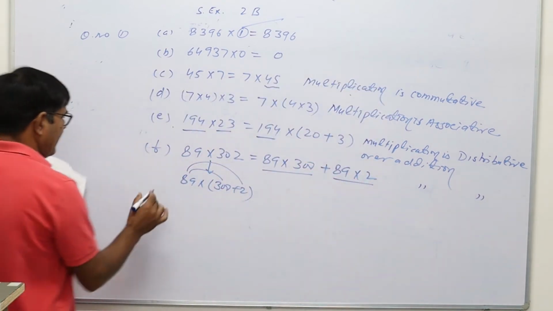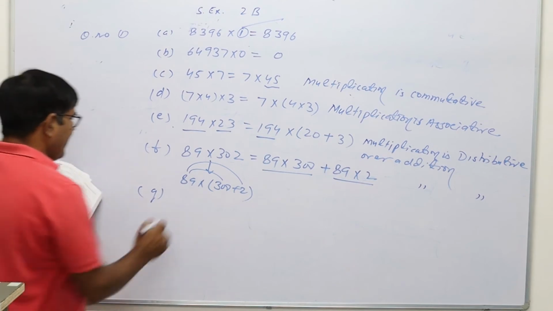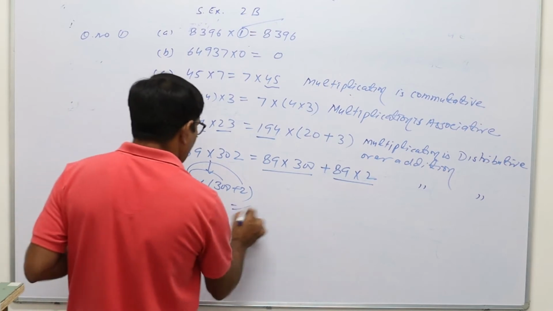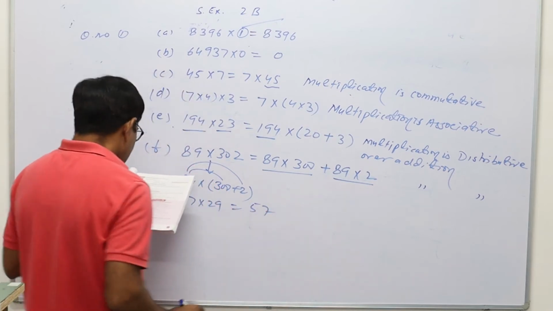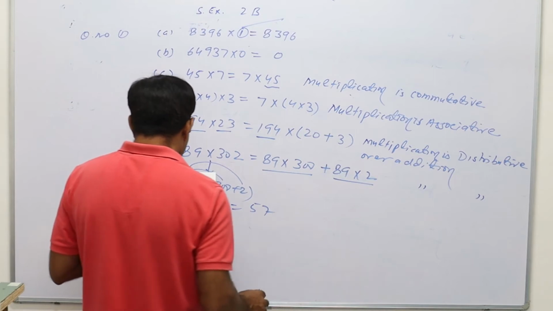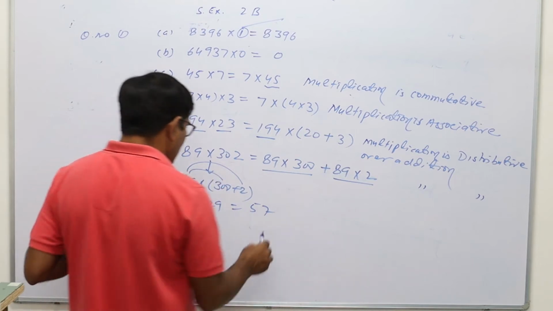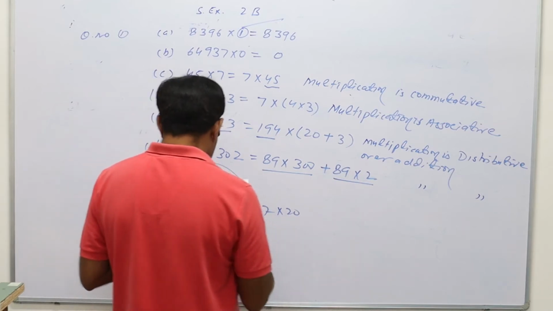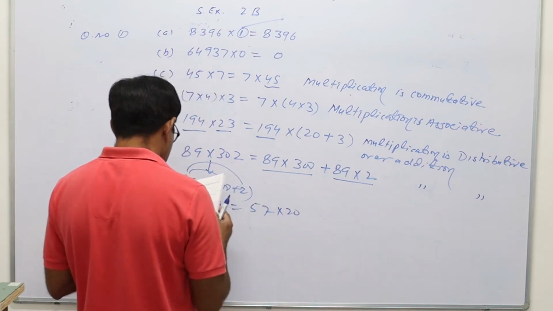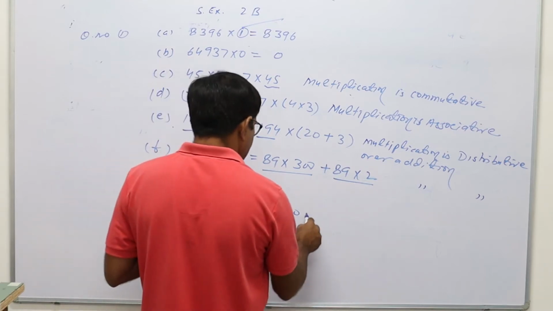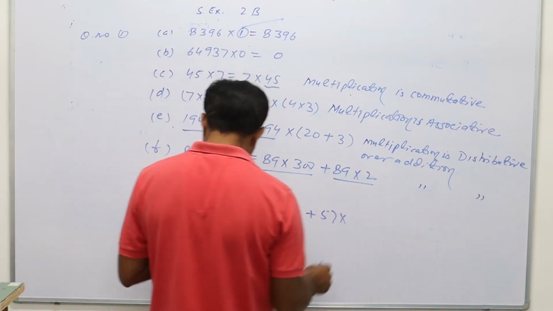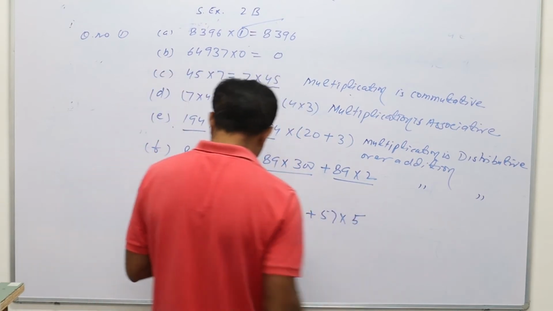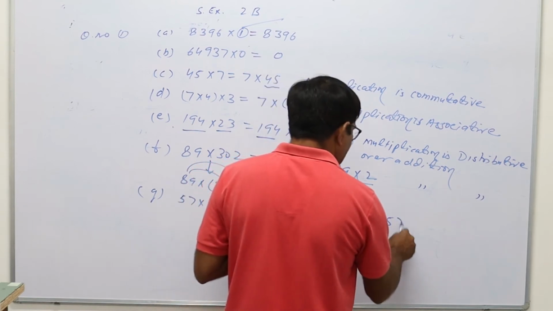Then the next question, G. 57 into 29 is equal to 57 into 20 plus 57 into 5 plus 57 into 4.